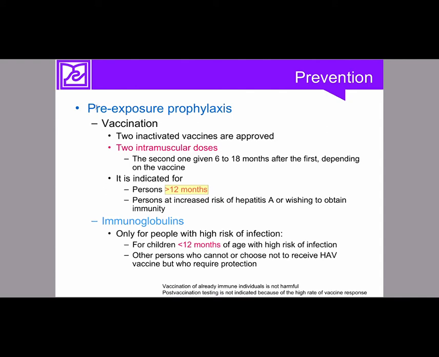So we can perform the pre-exposure prophylaxis with the vaccine, the best, or with immunoglobulins, with antibodies. This is recommended for children that need it before 1 year, if they need it for any reason that we don't know, okay? Or for people that need to become protected, but they cannot receive the vaccine for another reason that we don't know, okay? So the best way to perform pre-exposure prophylaxis is the vaccine.